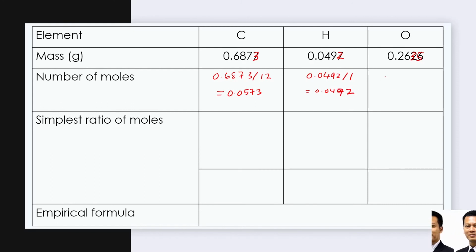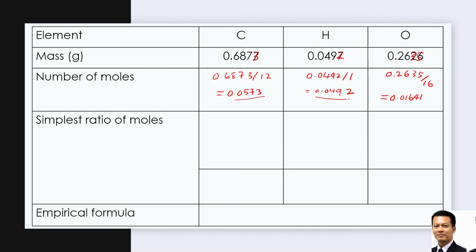And this one, 0.2635 divided by 16. So this one you will get 0.01641. Okay, so simplest ratio, look at the number here.